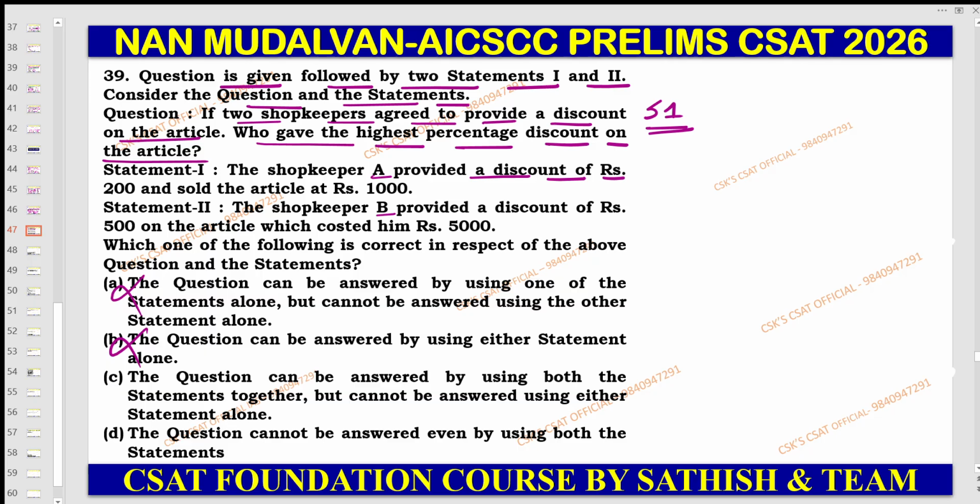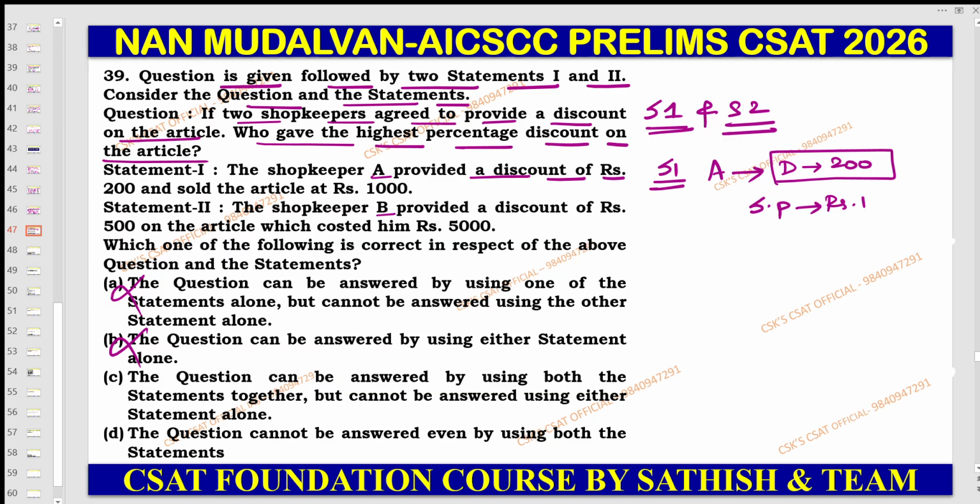So now if you see this one, what will happen here? Combinedly, if you take S1 and S2, what is happening here? S1 provides details of A: the discount provided is 200, SP provided.